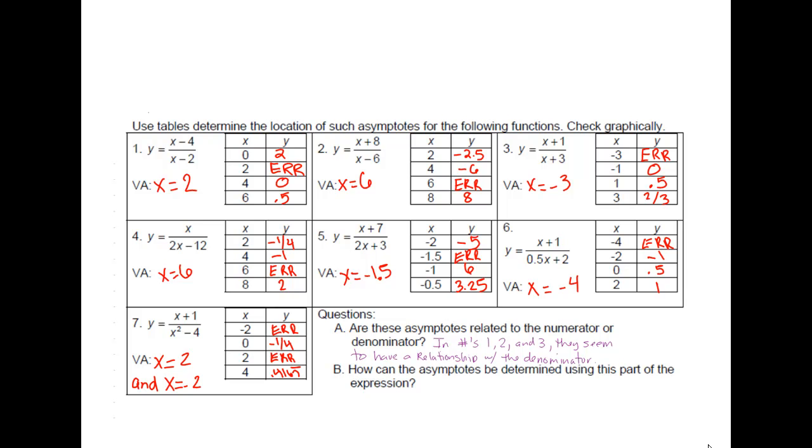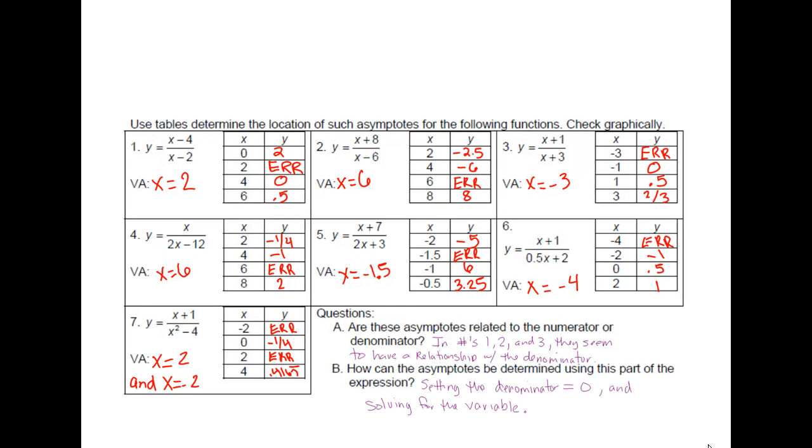Now, how can the asymptotes be determined using this part, which is the denominator of the expression? By setting the denominator equal to 0 and solving for the variable. So any time that you're looking for the vertical asymptote, when we do this mathematically, and in case we didn't have a calculator, you would take your denominator, which is the bottom part of the fraction, set it equal to 0, and solve for whatever the variable might be, which in most cases will be x.